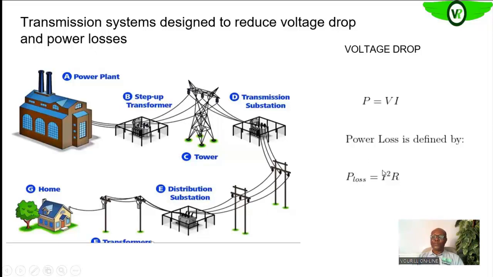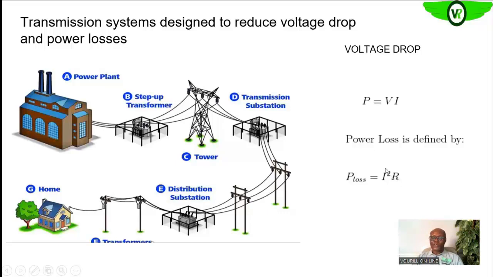Since R is relatively constant on the line, though it is dependent on the temperature of the lines, if we can reduce I, we will be able to reduce this power loss drastically because it is the product of the square of the current and the resistance.